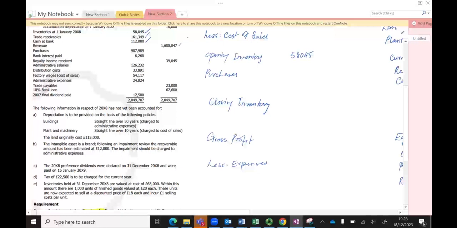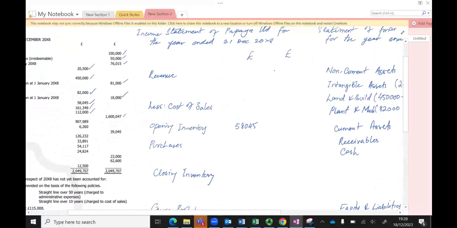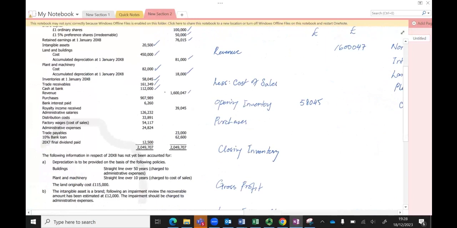Revenue is 1,600,047. Purchases 907,989.